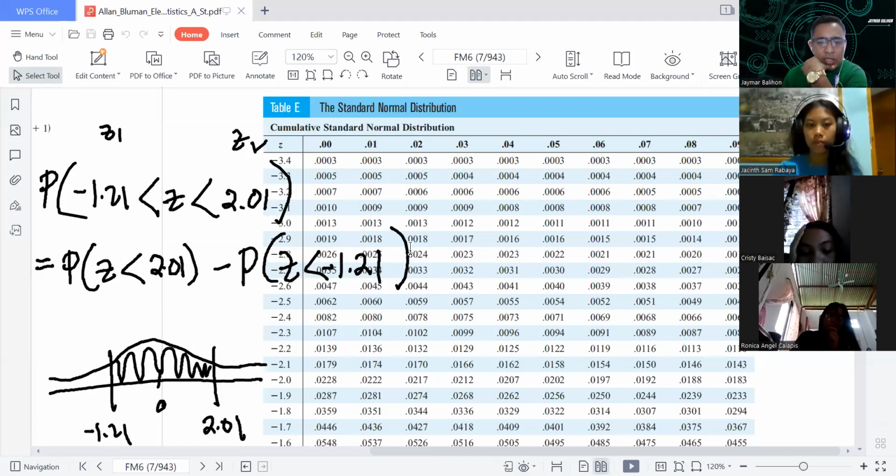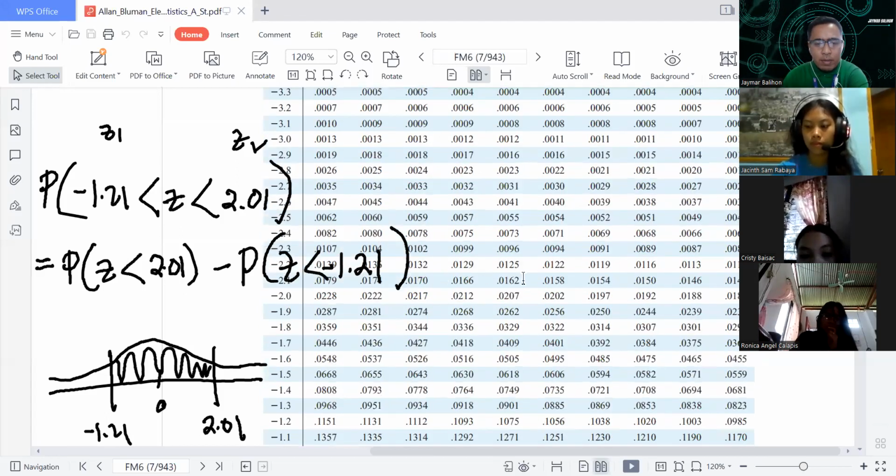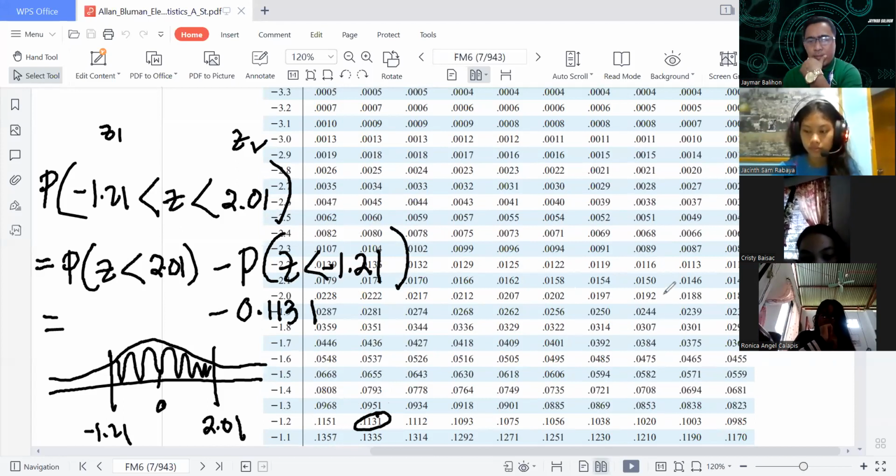Now, I want you to look for the answer for each of these. First, the probability of z less than negative 1.21. This is negative 1.2, and 0.01 is here. This one, 0.1131. So it must be here, 0.1131. Right? But we don't have the value of the first part.